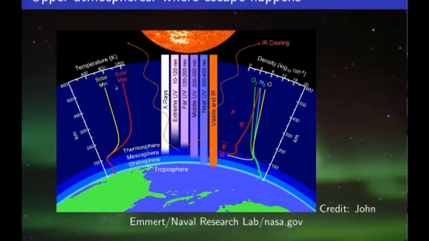And when we look at what happened, we see that conditions change, and for example, that affects greatly the temperature of the thermosphere and the exospheric temperature of the Earth.